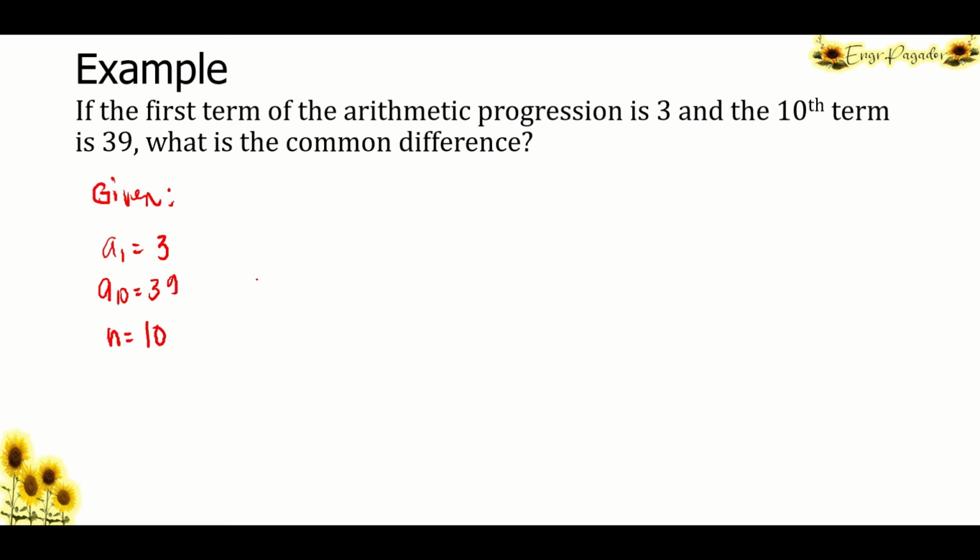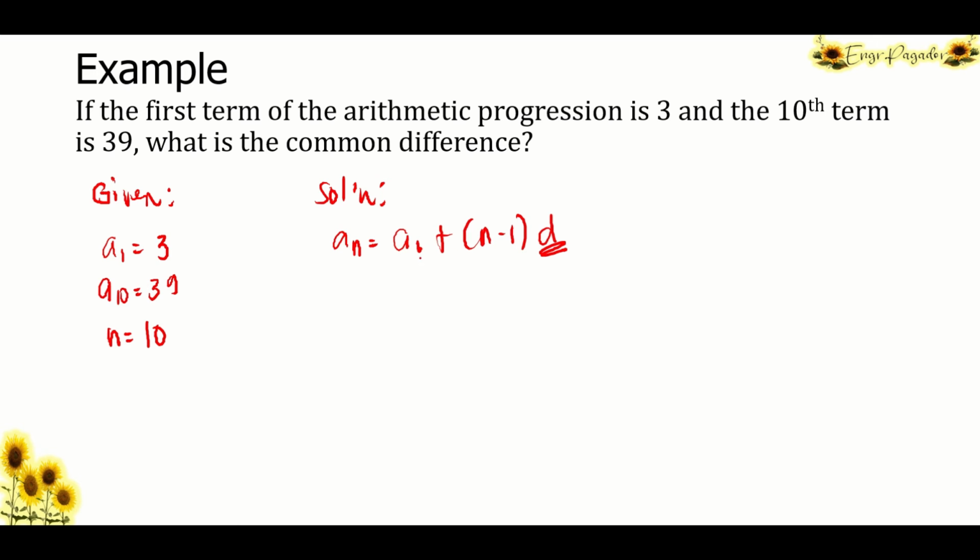Okay? So, if we are going to use the formula for the nth term, ito yung formula, a sub n is equal to a sub 1 plus n minus 1 times d. So, ang hinahanap natin dito is si common difference.